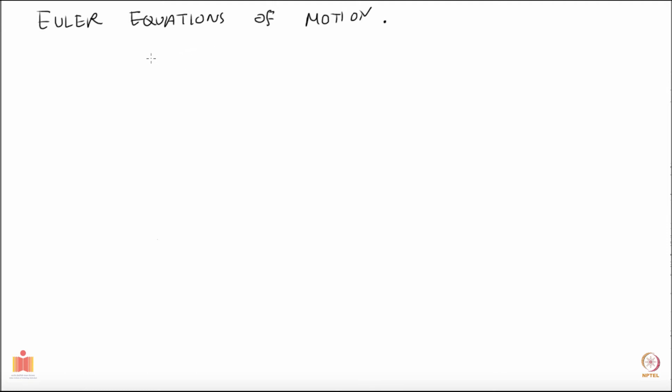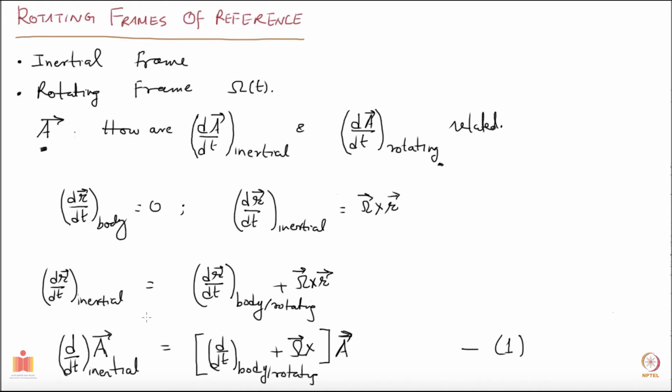We know that the rate of change of angular momentum is equal to the torque which is acting on that body. This is being calculated in the inertial frame, and this is the external torque which is acting on it, which I denote by N. With the help of what we had earlier, this relation, for A I have used the angular momentum, so I can replace it by this operator acting on the angular momentum.